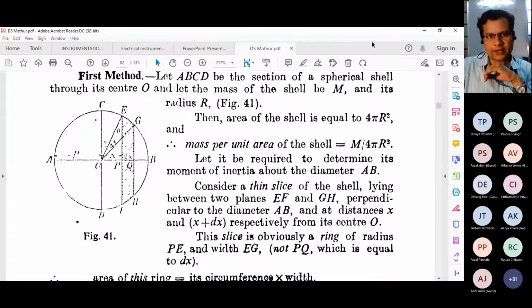So the method is to find the moment of inertia of a spherical shell. First of all, I want to show you how to derive the formula for the moment of inertia of this thin spherical shell. What do we mean by a thin spherical shell?